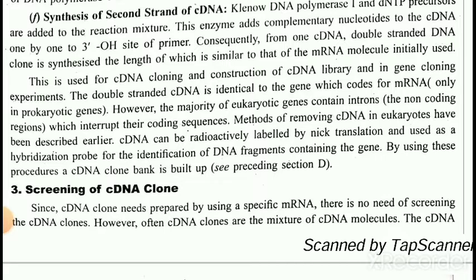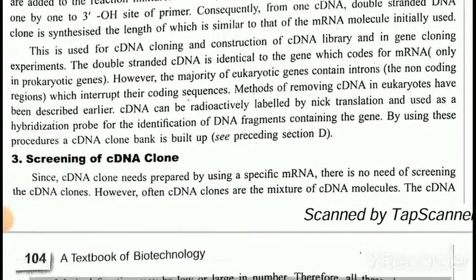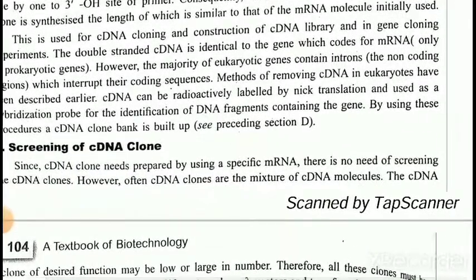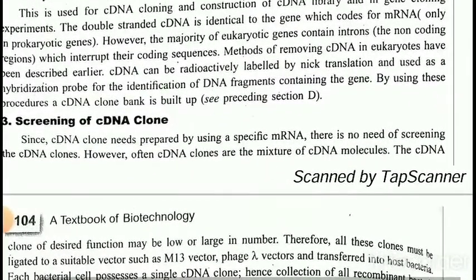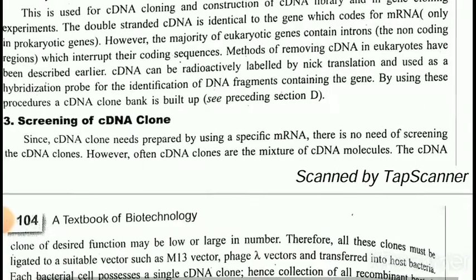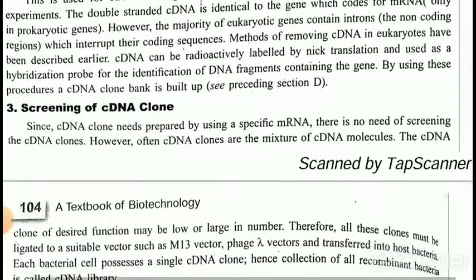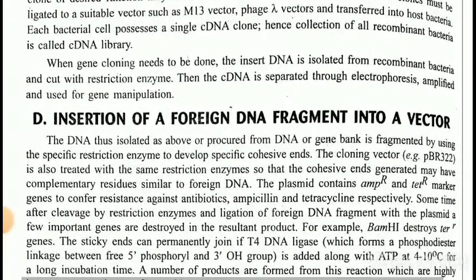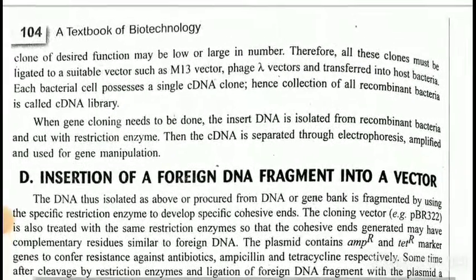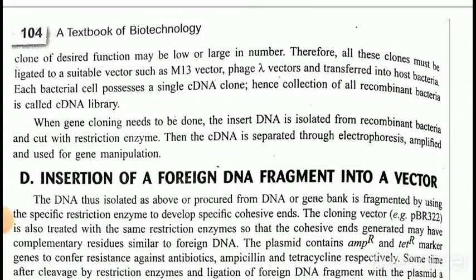Each bacterial cell possesses a single cDNA clone, hence the collection of all recombinant bacteria is called cDNA library. When gene cloning needs to be done, the insert DNA is isolated from recombinant bacteria and cut with restriction enzyme. Then the cDNA is separated through electrophoresis and used for gene manipulation. D. Insertion of a foreign DNA fragment into a vector.